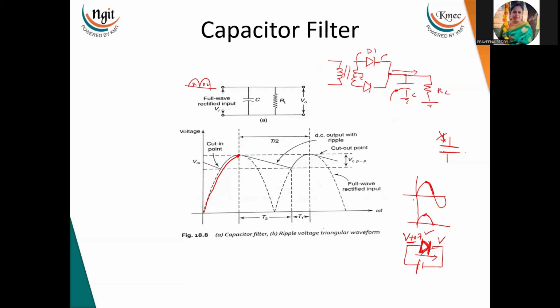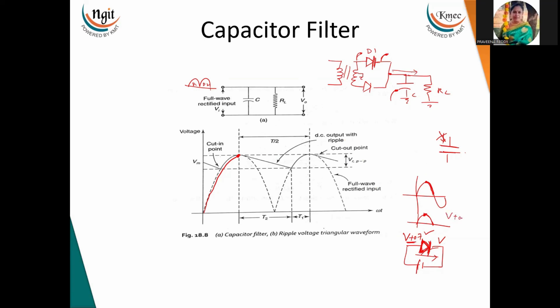Now with the filter, it is charging up to the maximum and acting like a battery, and the cathode voltage is at the maximum. When it reaches the maximum, both anode voltage and cathode voltage are at the same voltage, so the diode will not conduct. Why? Because the potential difference must be at least the cut-in voltage.